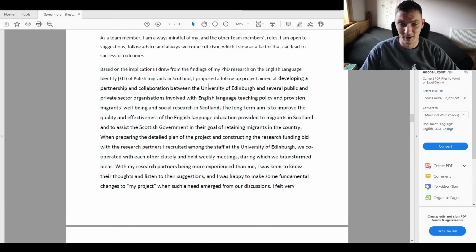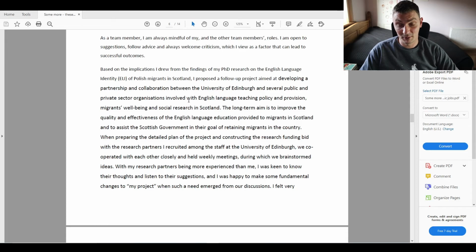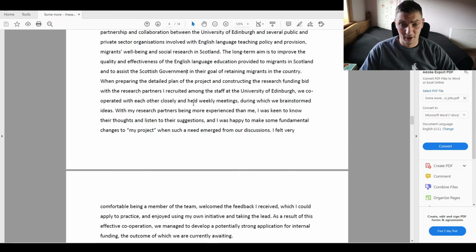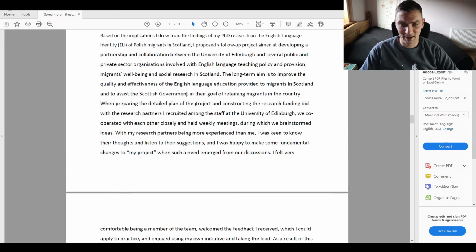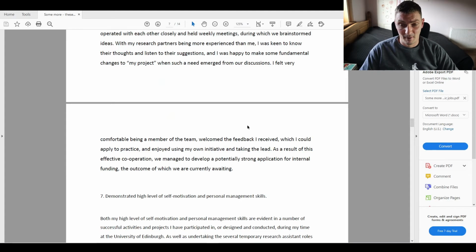Again, about how I organized this internal research team. That's what I called it. It's a nice name for a student and his two supervisors. And I'm talking about the same meetings again, and taking their feedback and criticism on board, basically. So that's pretty much what I wanted to share. Just let me know if you want to see some more examples.